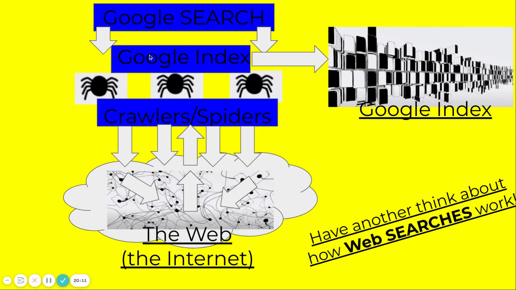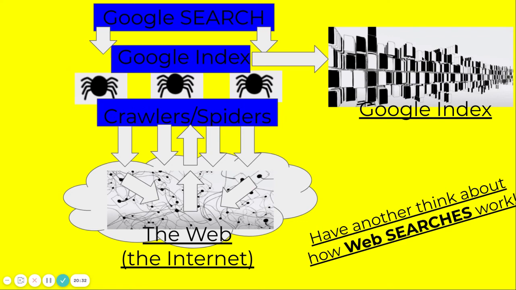It goes to its index. So Google's got an index, like a big kind of library, thousands of web pages that is indexed, like the index at the back of an information book, that it then pops up and feeds back to you straight away. It doesn't actually go onto the internet.